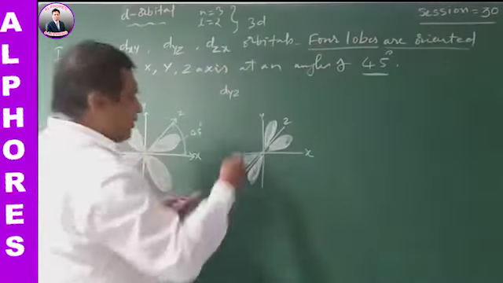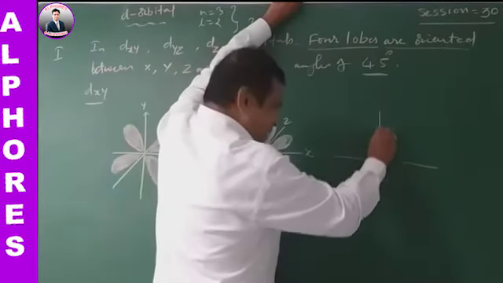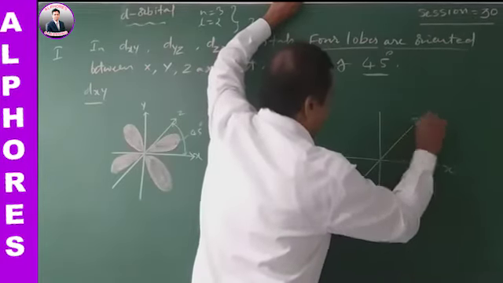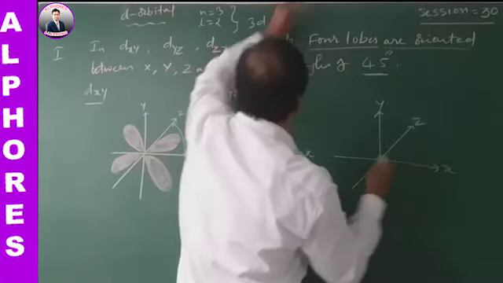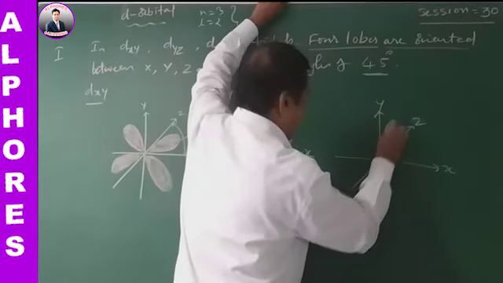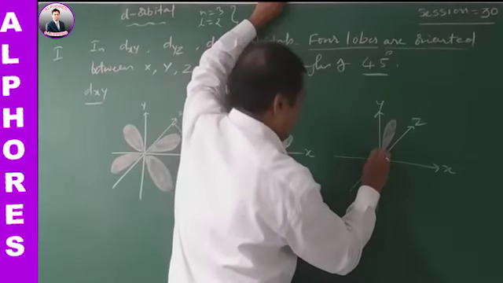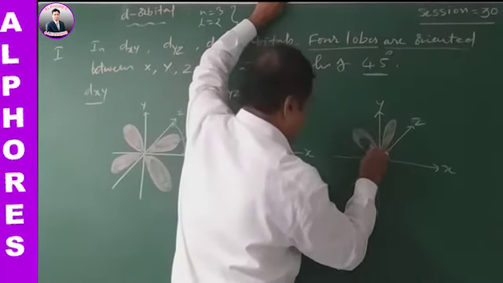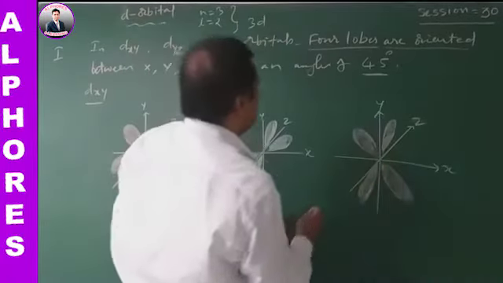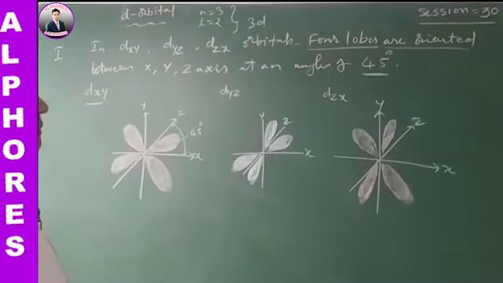For all these three you can write the same diagrammatic representation, because as usual the electron density is not along the axis, it is in between the x, y, z axes. So the lobes are oriented between the x, y, z axes.